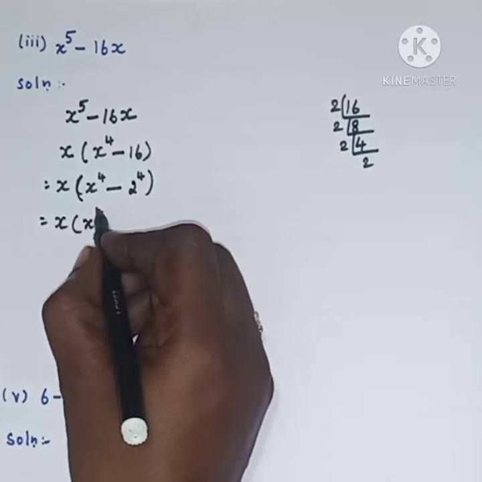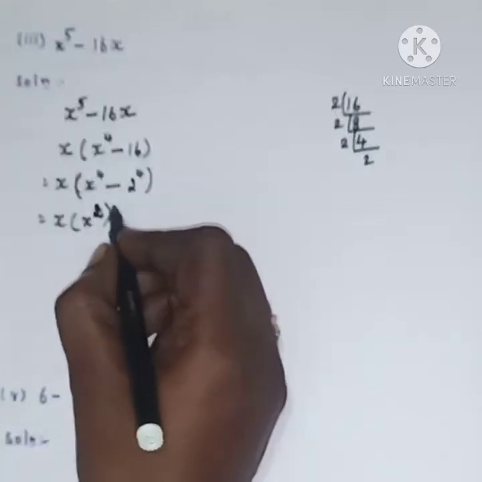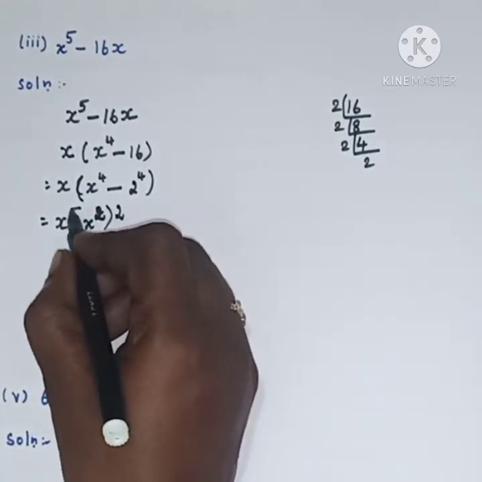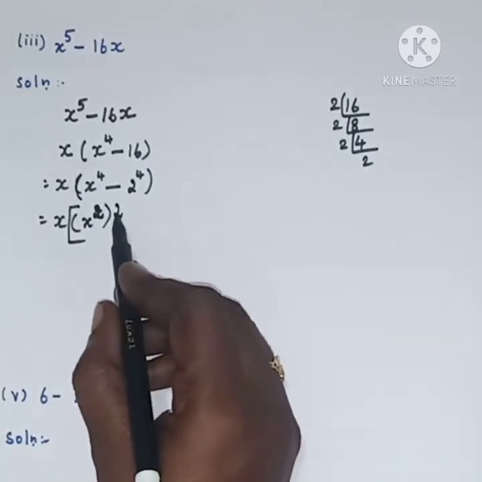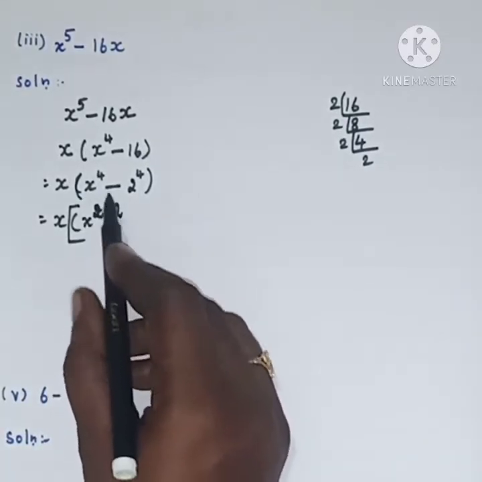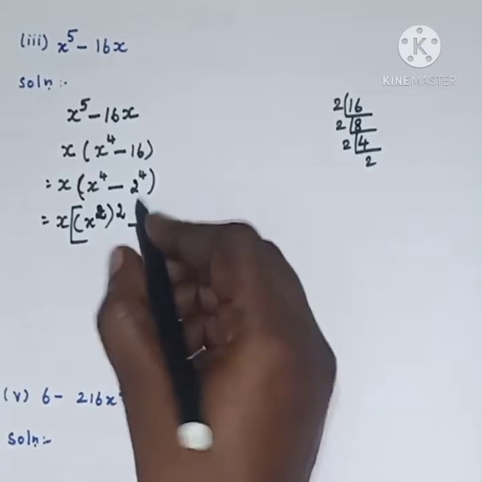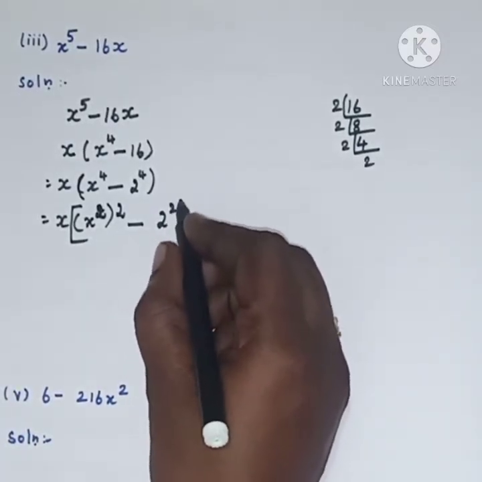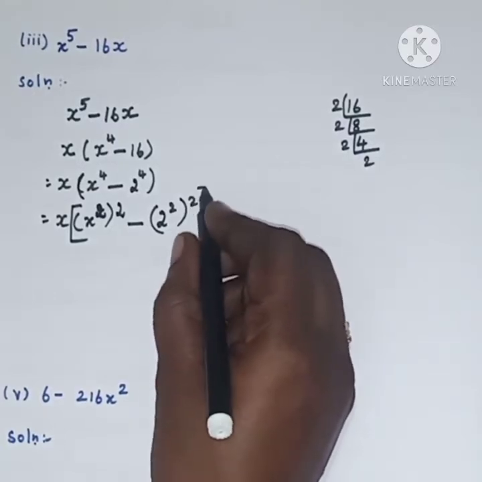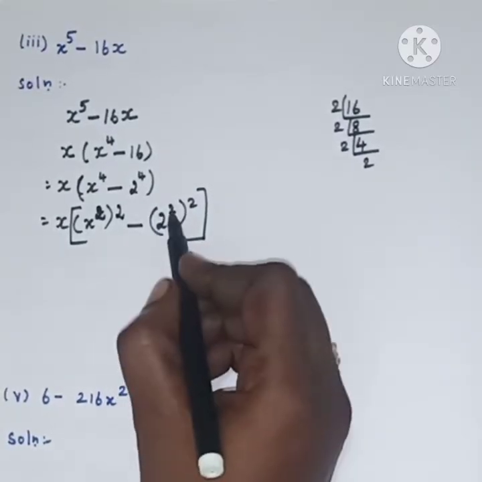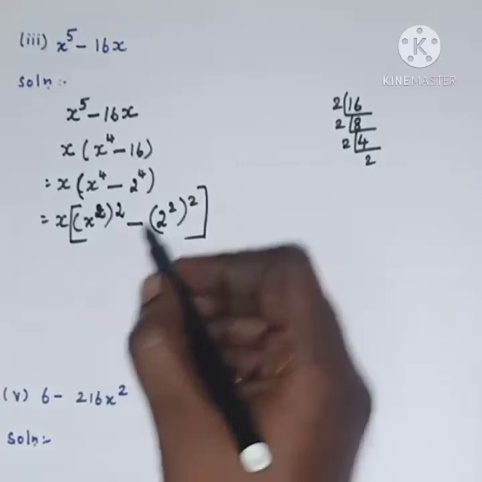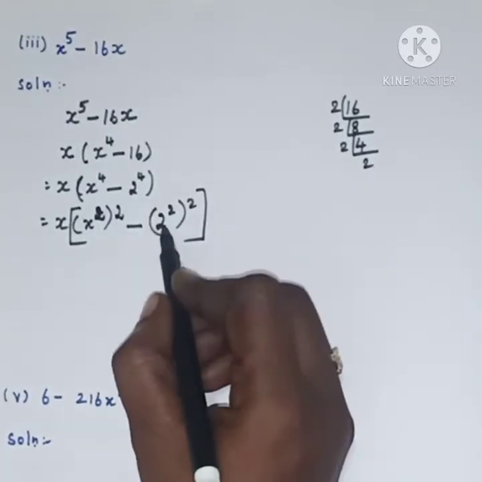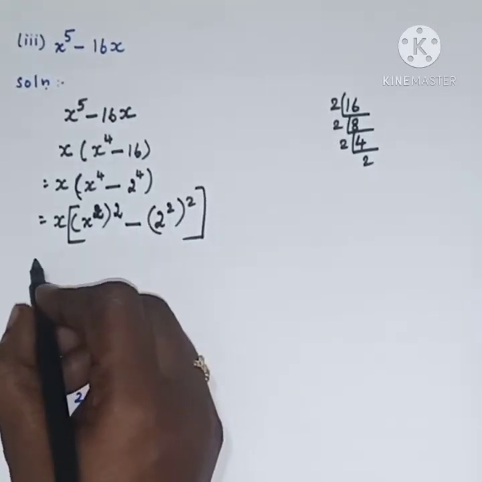X power 4 can be written as x square the whole square, because x power 2 2s are 4. Similarly, 2 power 4 can be written as 2 square the whole square, because 2 power 2 2s are 4.